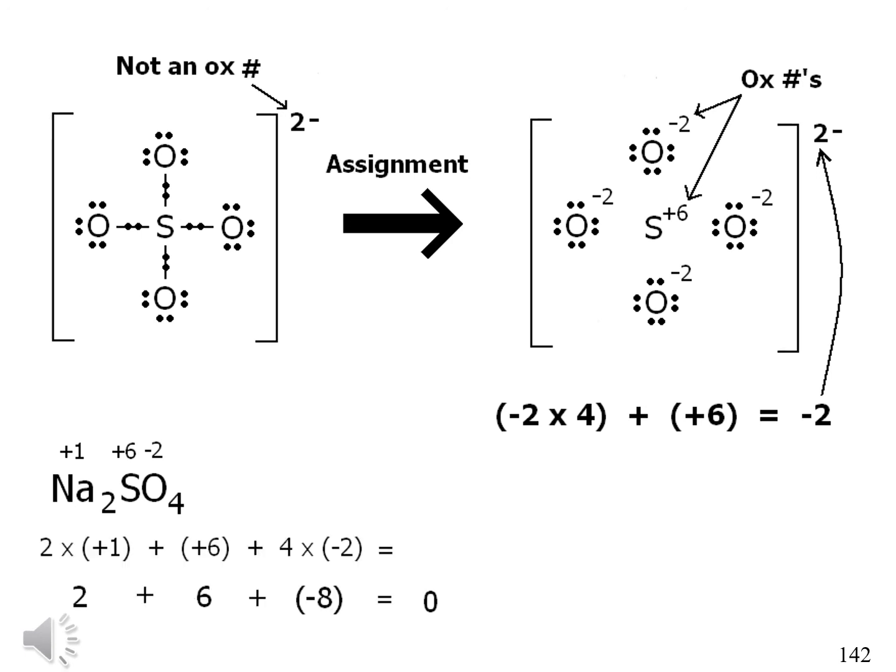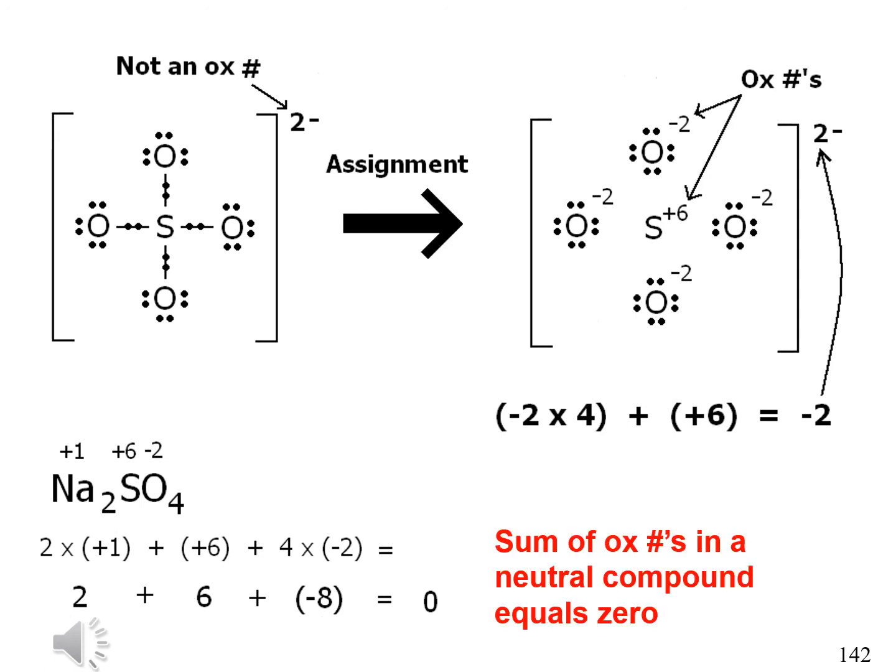But if you add all the oxidation numbers, they have to add up to 0 because this is a neutral compound. And if you look at the calculation, they do add up to 0. So that means that the sum of the oxidation numbers in a neutral compound equals 0.